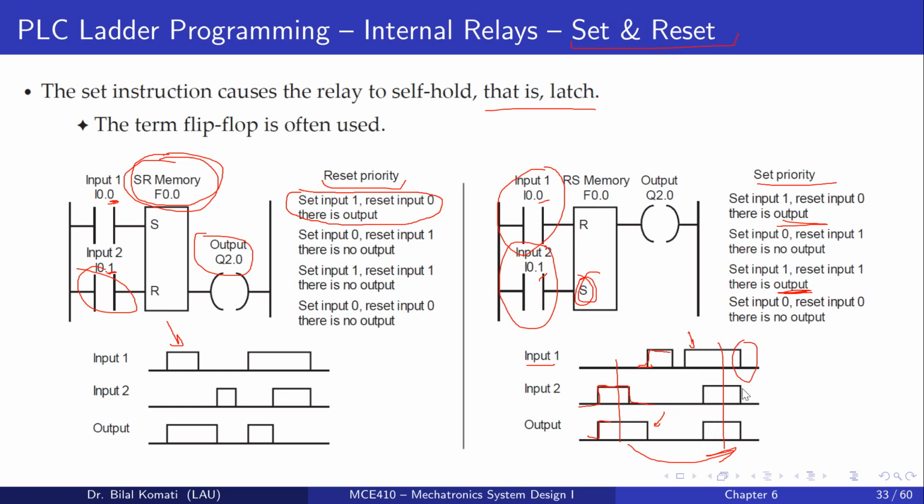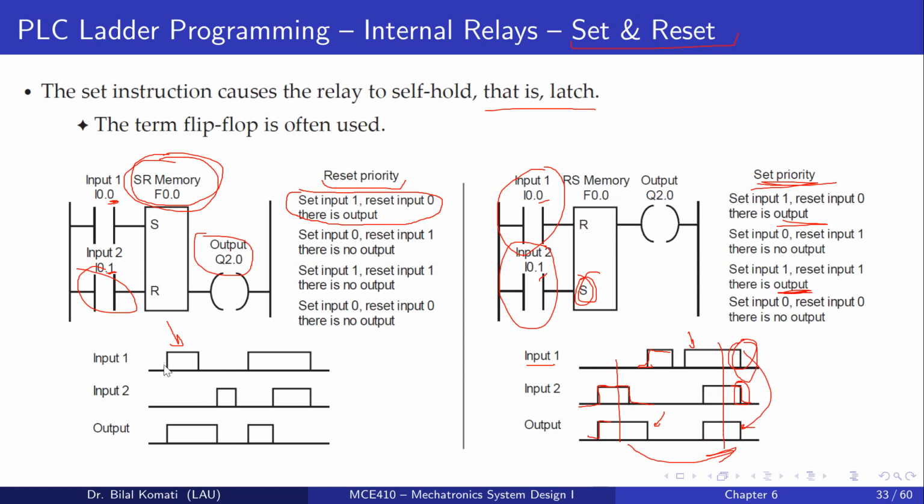In this case input 2 will be switched off. Because the priority is for set, as long as input 2 is set, the output will be kept set. Once it's switched off, because this one is 1, it will be turned off. So there is priority for setting.